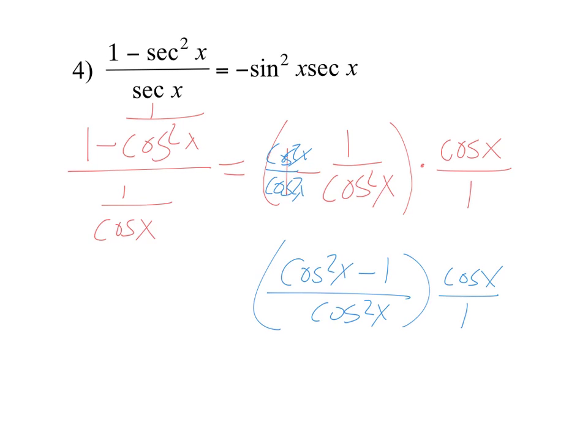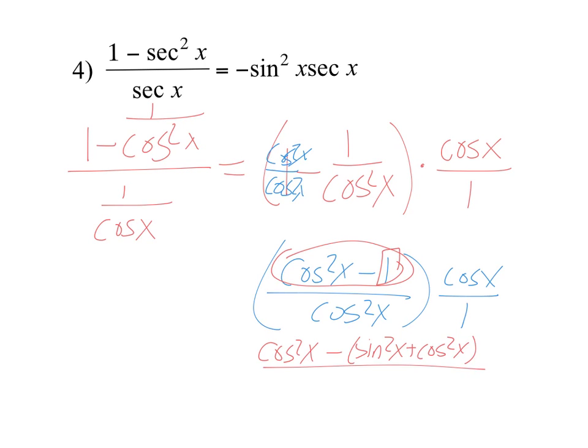And then if I take a look at this, well, I know that 1 is equal to sine squared plus cosine squared. So I could write that as cosine squared x minus sine squared x plus cosine squared x over cosine squared x. And that's all times cosine x over 1.